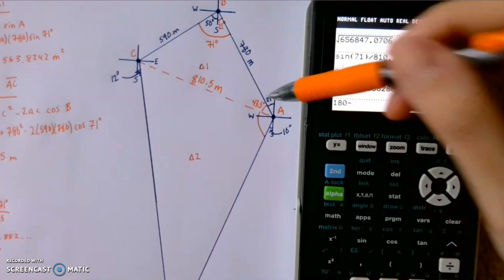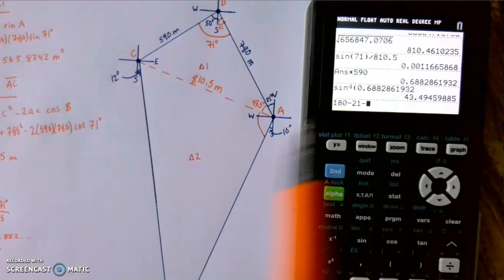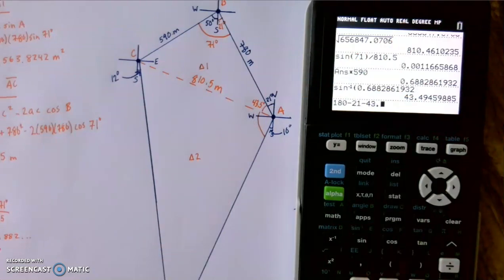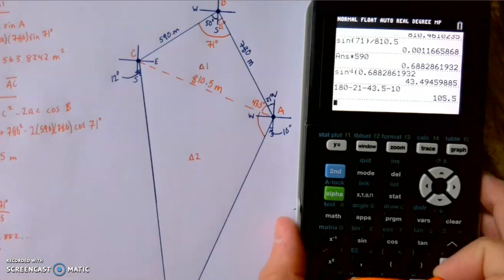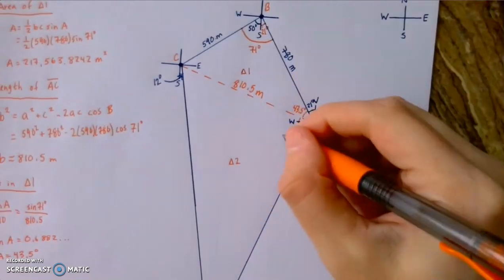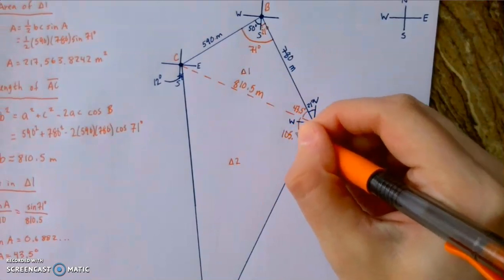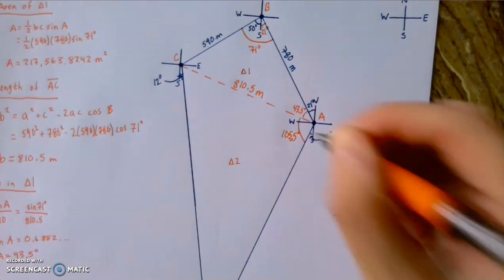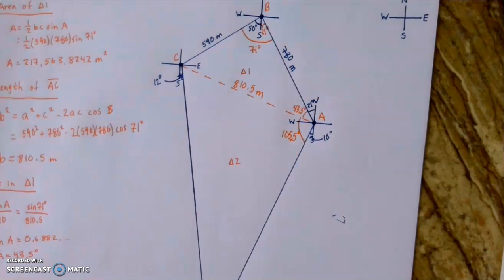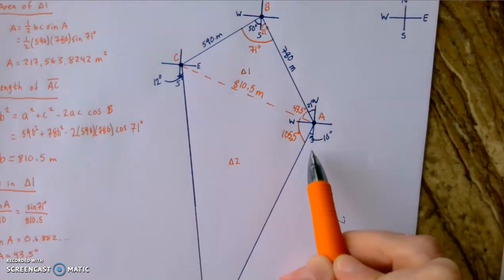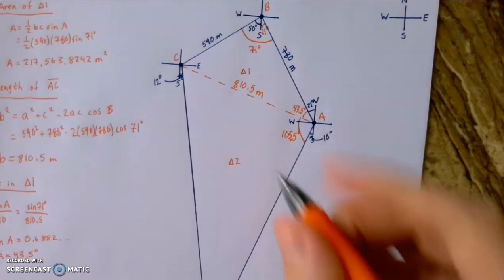I'm going to subtract 21 degrees, subtract 43.5 degrees, and subtract 10 degrees. And that's going to give me 105.5 degrees for this angle in triangle 2. Remember that is a straight angle, 180 degrees total.